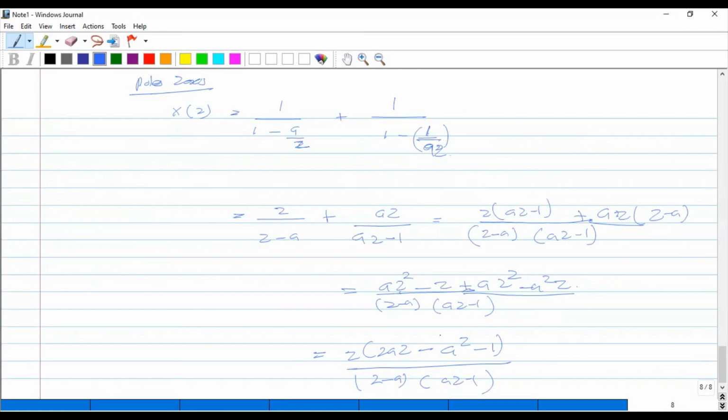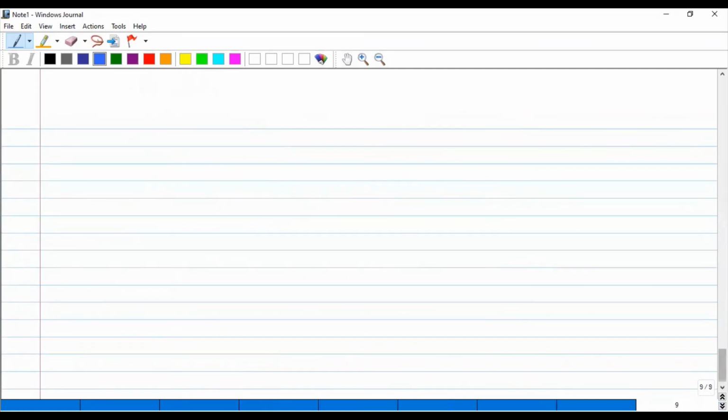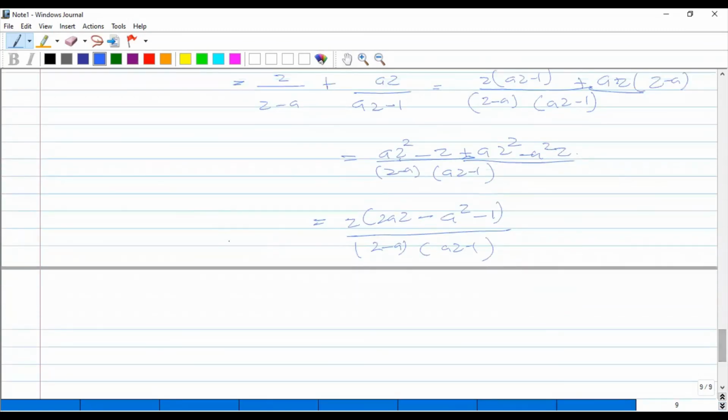So what do we have to do first? This is our X(z). We have to write it as a rational function, so we have a numerator and a denominator. We have to equate the numerator to 0. You know that A is real, it is given.